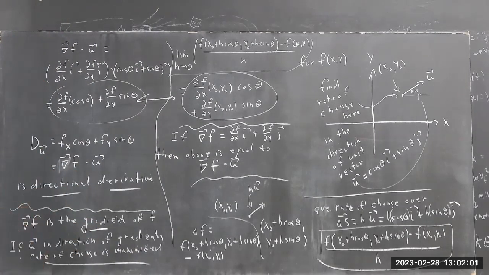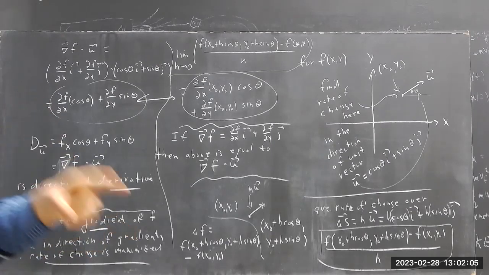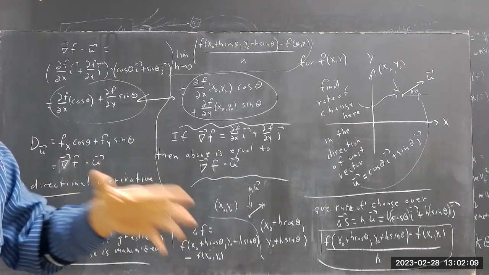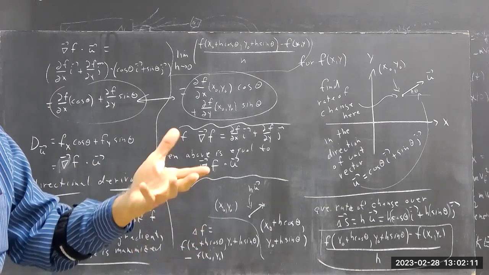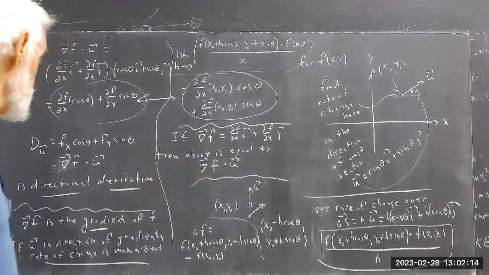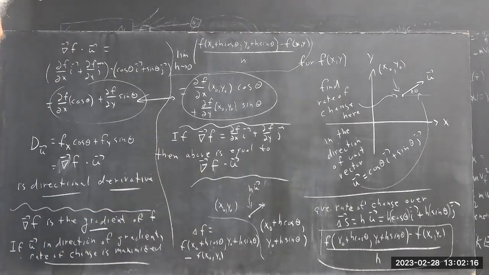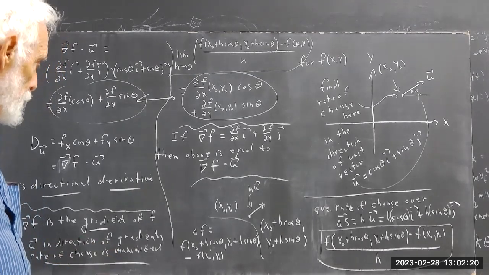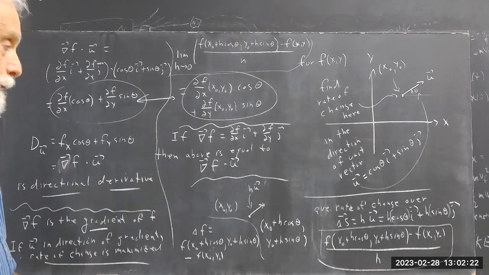But there's your gradient. It gives you the direction in which something increases most rapidly and the rate at which it increases. Well, that's pretty much it for the rest of the course.